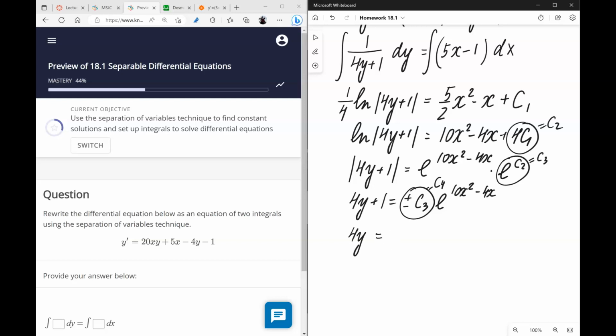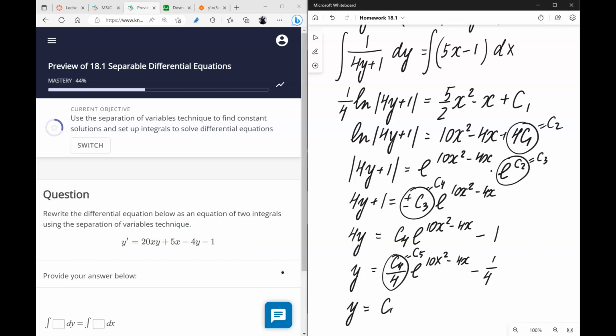So we're going to have c4 e to the power 10x squared minus 4x minus 1. And the last step, we're going to divide everything by 4. So we have c4 over 4 e to the power 10x squared minus 4x minus 1/4. And this we can turn into c5. So the final answer will be c5, which we can now just call c. And this is the expression.